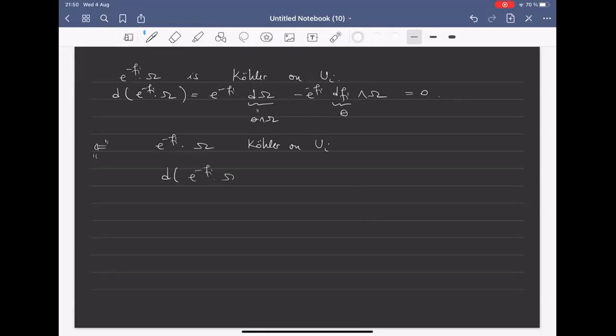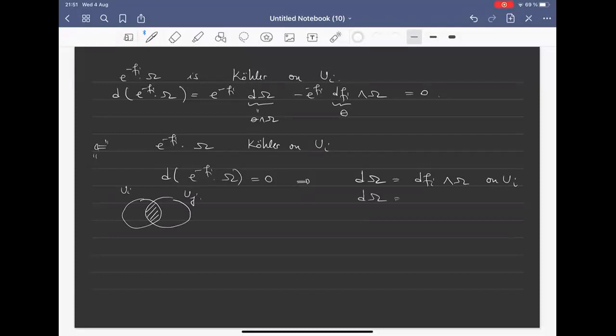Therefore, we know this is a closed form, so we know that d omega is equal to df_i wedge omega on the open set U_i. But this is something we can write on any open set part of this covering. So let's see what happens on the overlap of two intersecting open sets of this covering.